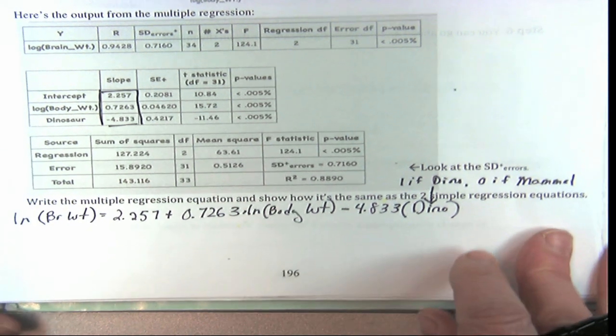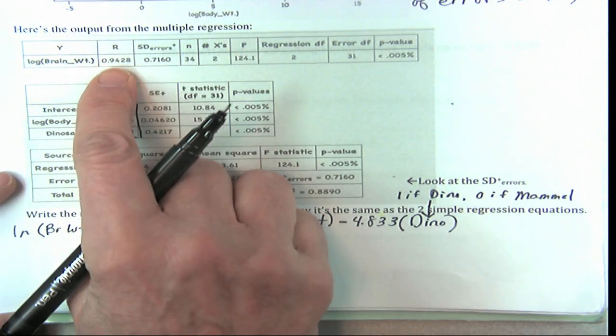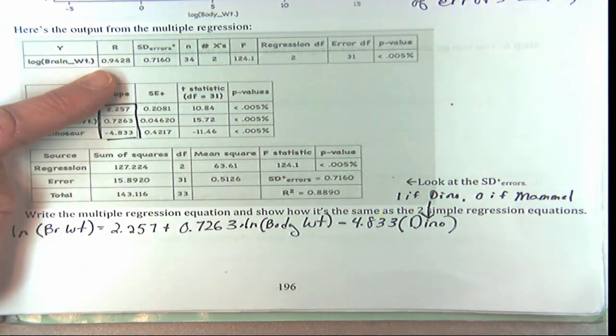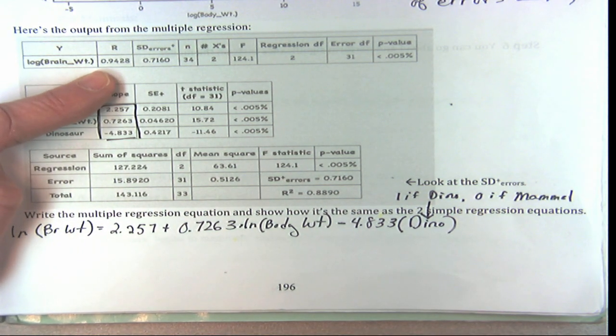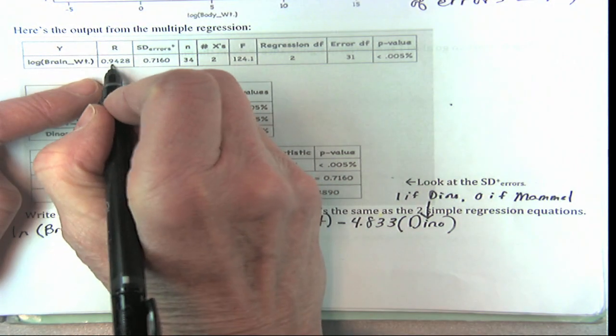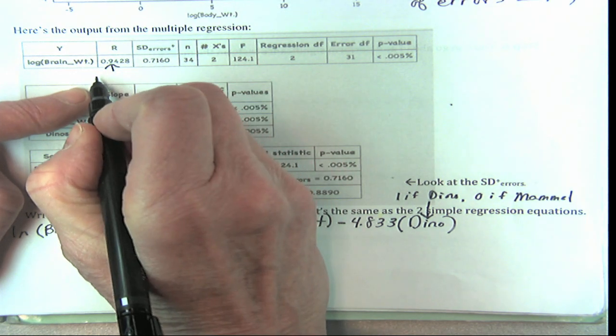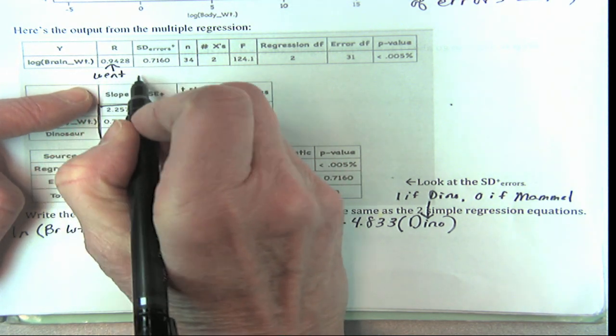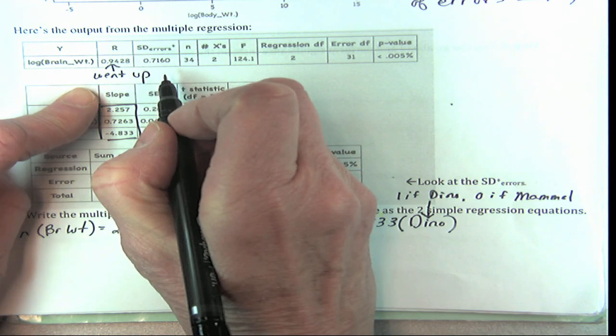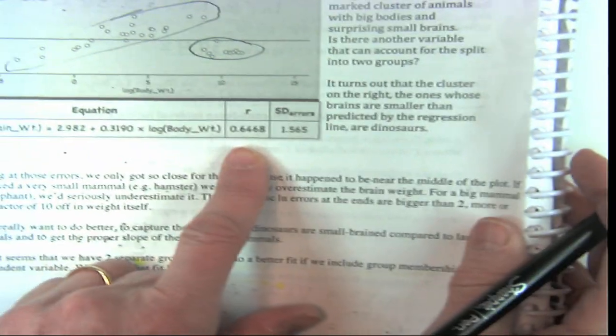I just want you to note two things: that including dinosaur, breaking into two groups, improved our R a lot. This went up from, what was it before? 0.6468.